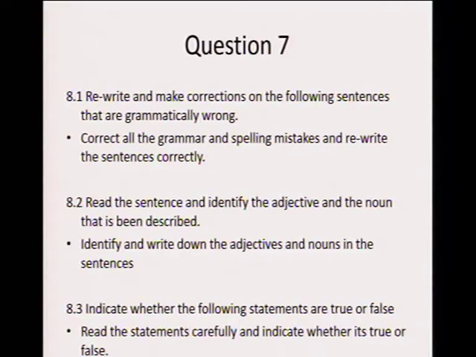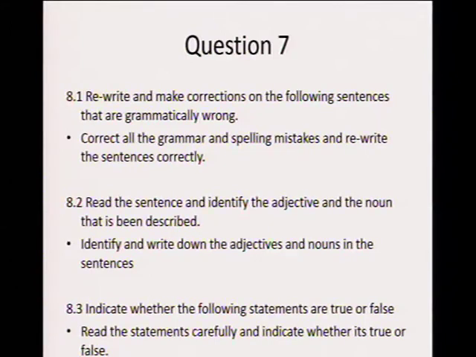Rewrite and make corrections on the following sentences that are grammatically wrong. So you will be given a set of questions which have wrong grammar. So you correct all the grammar and spelling mistakes and then you rewrite the sentence correctly. 8.2. Read the sentence and identify the adjectives and the nouns that have been described.